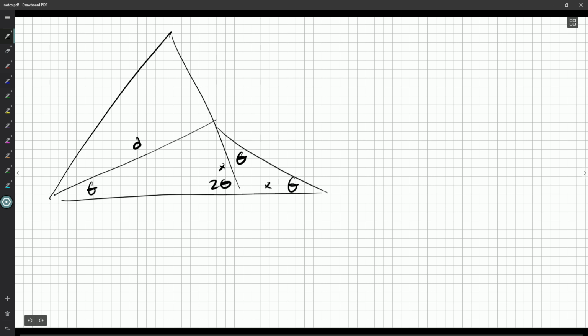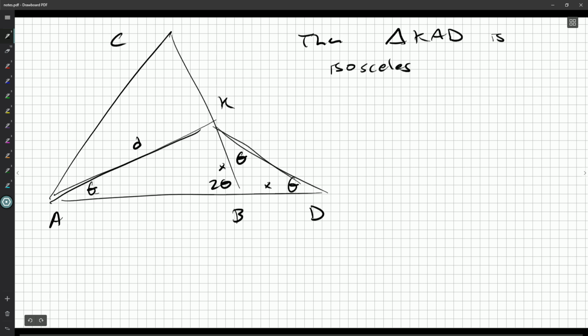This is D. Oh, we get a bigger isosceles triangle here. Call this K, we call this little d. This was B, A, C. So then what I can say, triangle KAD is isosceles. So KD is also equal to D, so I've got that going for me. That's kind of nice.